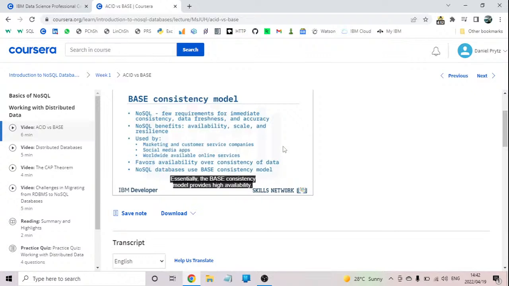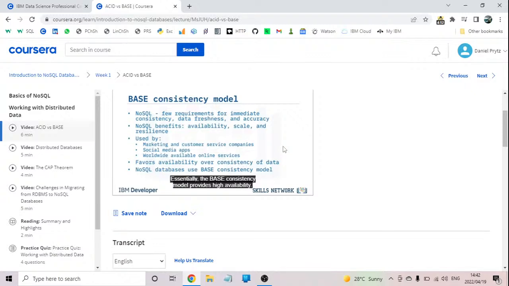So ACID model is used by financial institutions, uses atomic transactions, uses relational databases. Benefits include consistent data; such transactions are consistent.